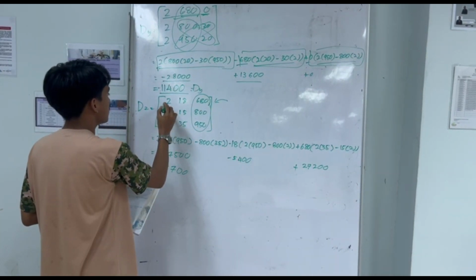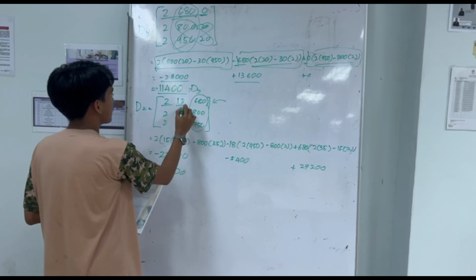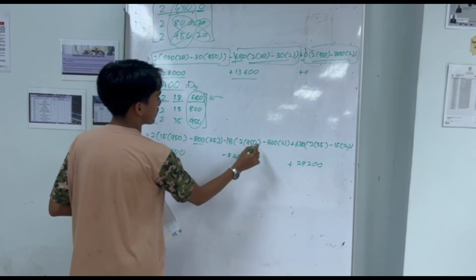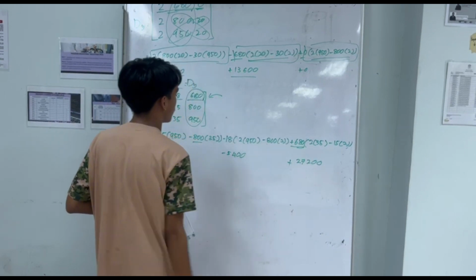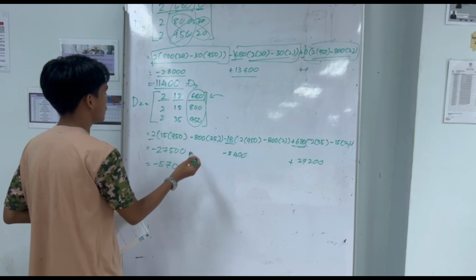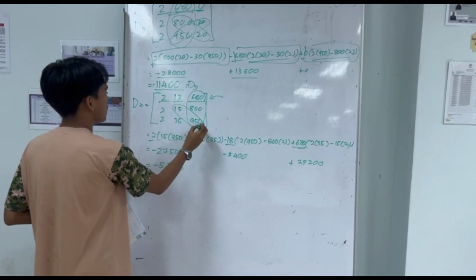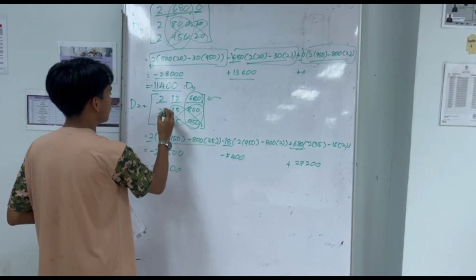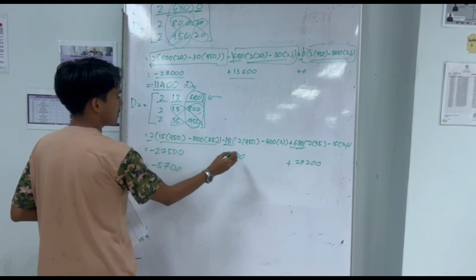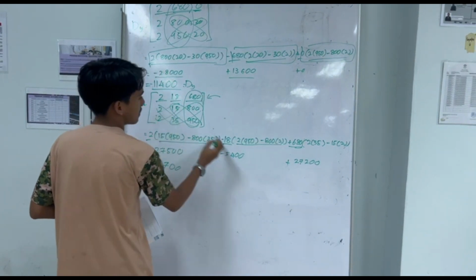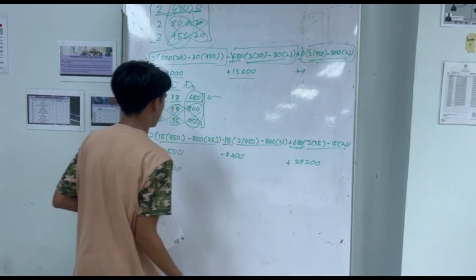For determinant z, same as determinant y, but we put the answer here, we exchange. Now the 280 and 680 we put at the front here. Same as before, multiply this and put here. Multiply this and this and put here, and this put here.